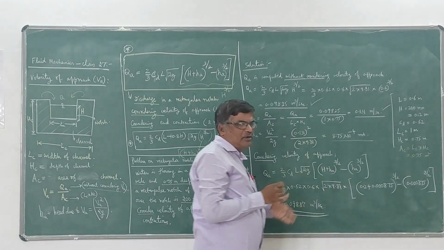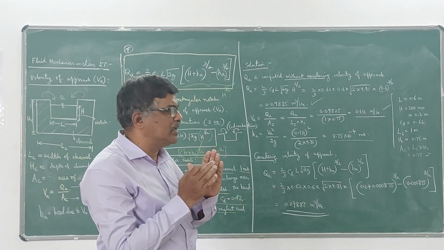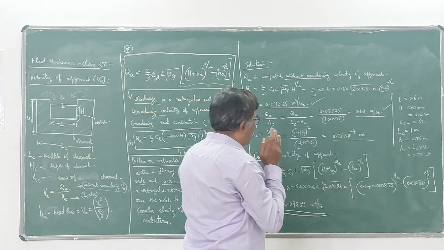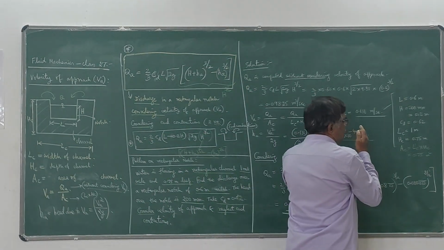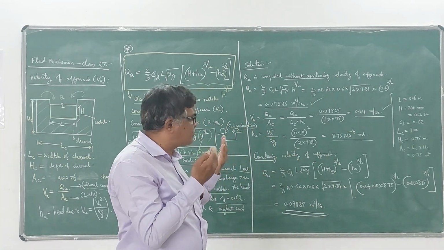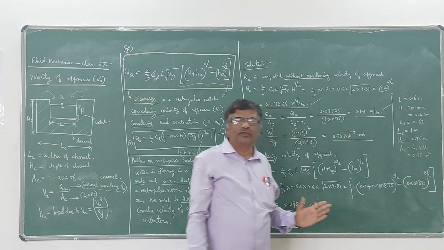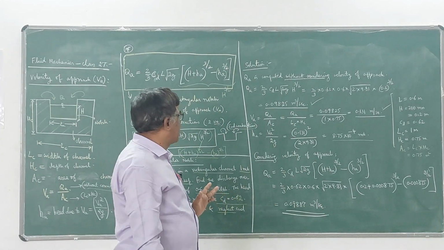That is a very small value, you can see. When water is flowing and approaches the notch, the velocity of the flow reduces, so its value is very small: 0.131 meter per second.